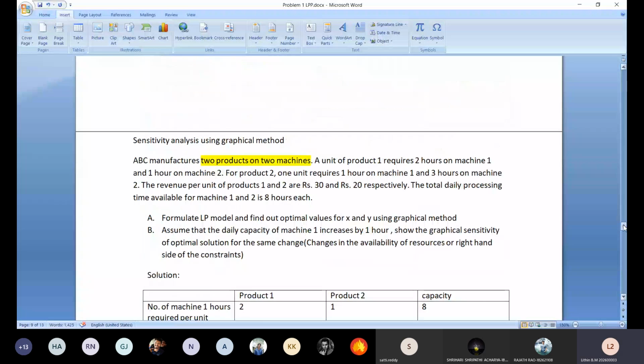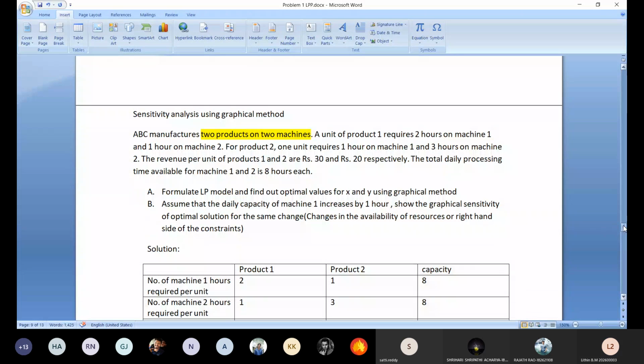Okay, nobody has doubt, I guess. If you have any doubt, please do raise it, maybe when you feel that you should ask. Just read the question and understand, so that you will understand how to formulate the LP model.